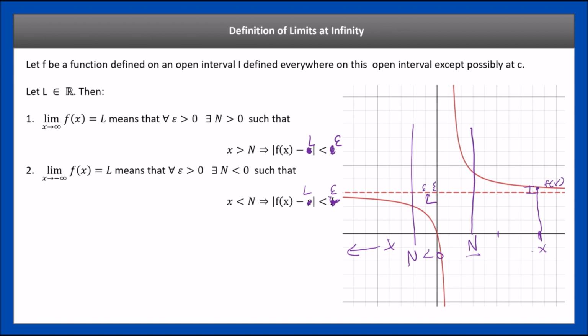So for all epsilon, if I choose this epsilon, this is L, I'm epsilon away from L. Well, then there exists an x value less than n, let's say we choose this x value, such that the function is going to be closer to L than epsilon away. And that's exactly what number 2 is saying.